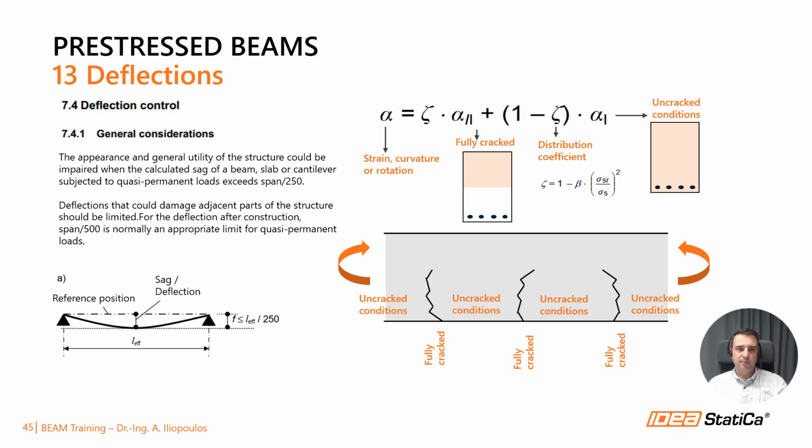But between the cracks, the concrete remains uncracked, and the stiffness may be twice as high. For this reason, Eurocode 2 includes a formula for calculating deflections or curvatures that represents an interpolation between the uncracked conditions and the fully cracked conditions.